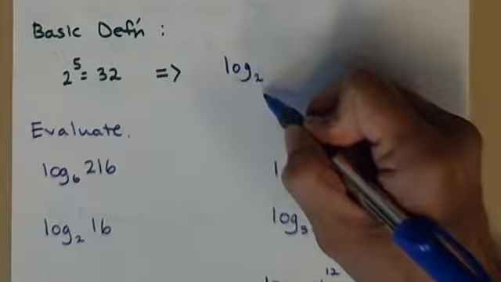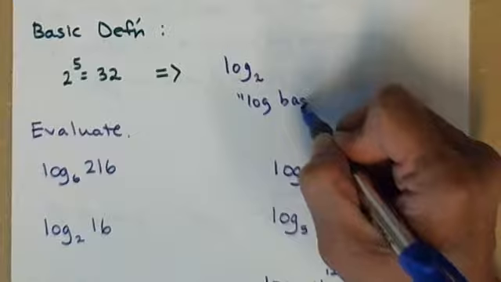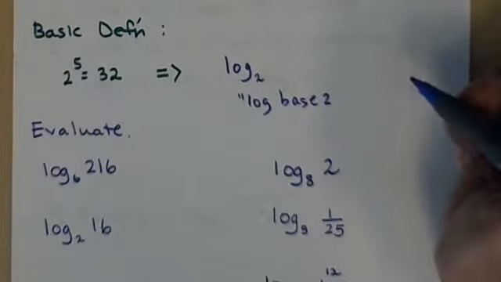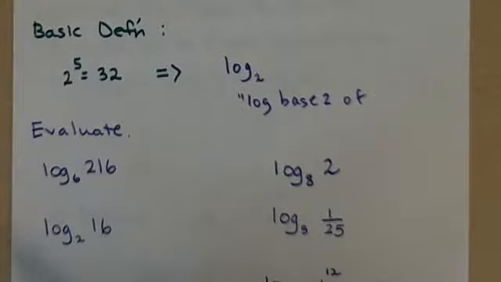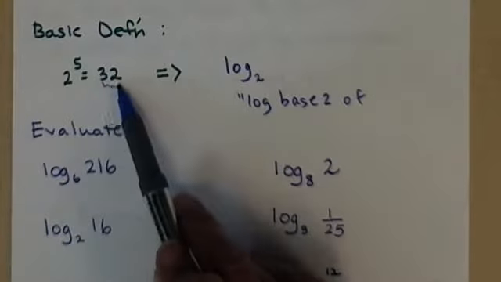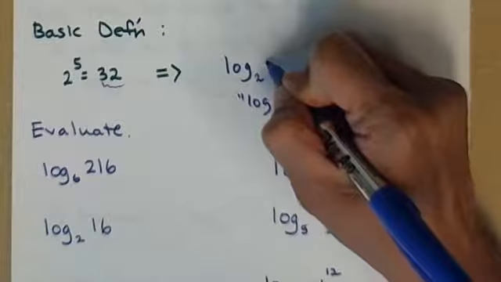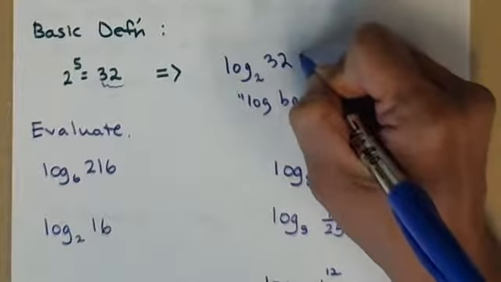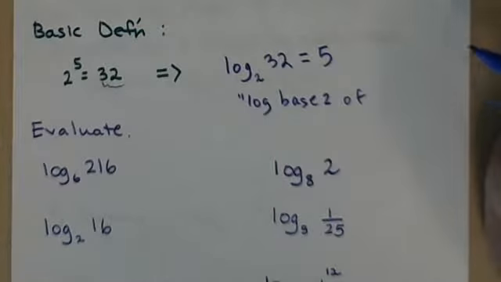So log base 2, that's what we say, log base 2. It's kind of a comma in there when you're saying it, of. Well, now the thing that we take the log of is the result from the exponential version. So it's log base 2 of 32, and then the answer is the exponent.